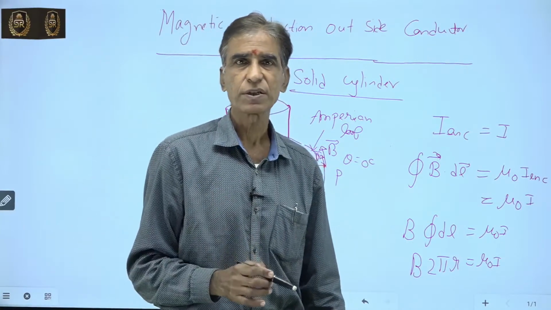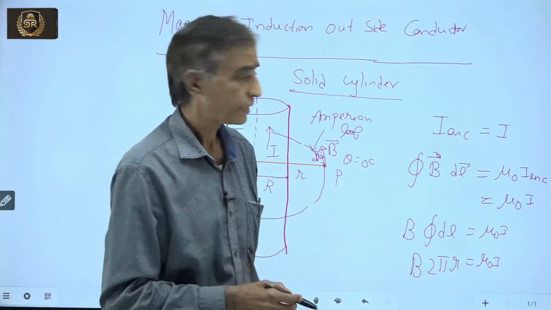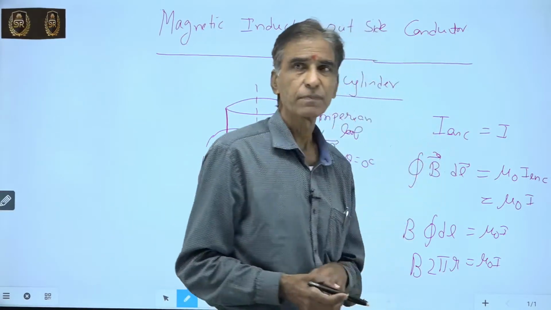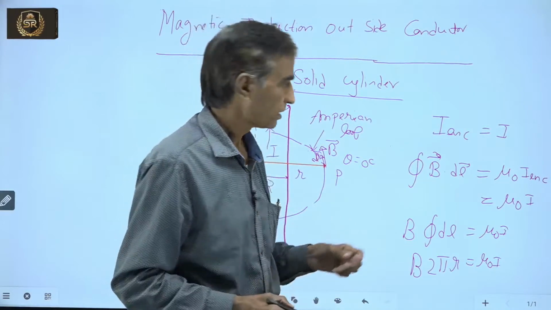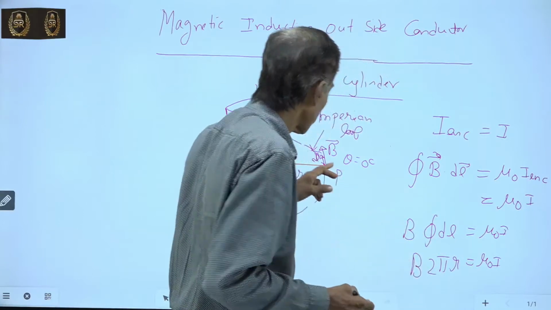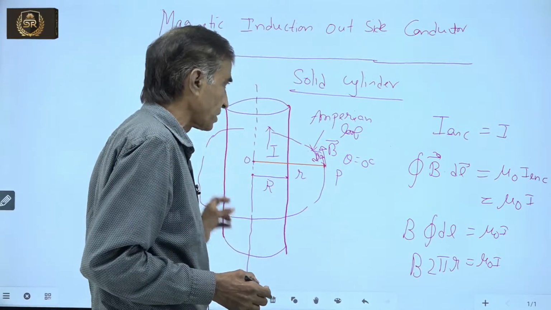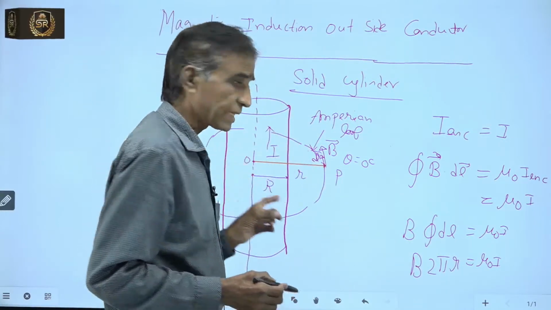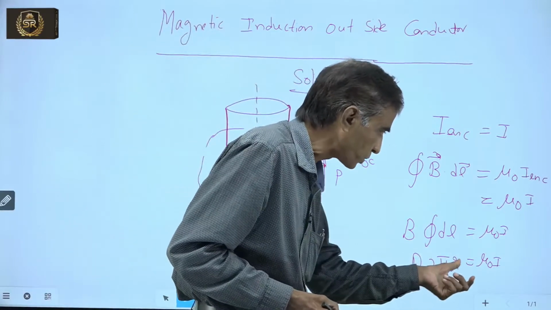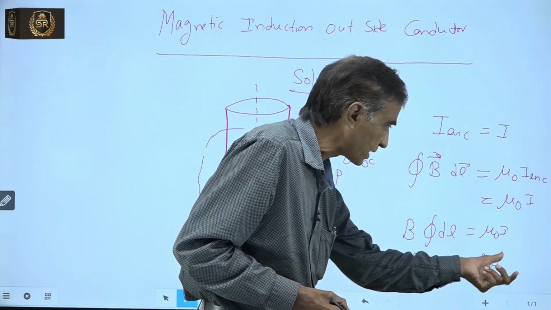When theta equals 0, cos 0 equals 1. Therefore, B dot dl we can take as B dl, and B is a constant here. Therefore, the line integral of dl is equal to the length of this Amperean loop, that is the circumference of the circle. Therefore, it becomes B into 2 pi r, equal to mu naught into I.